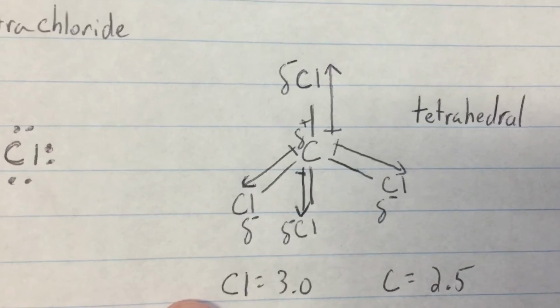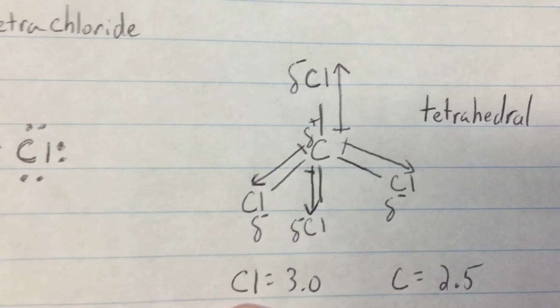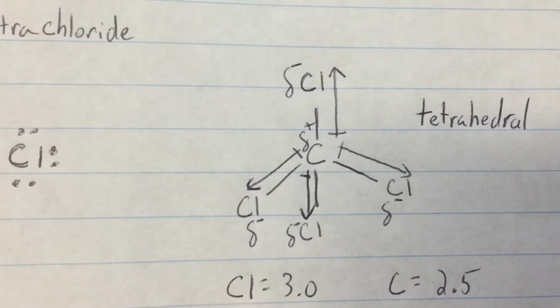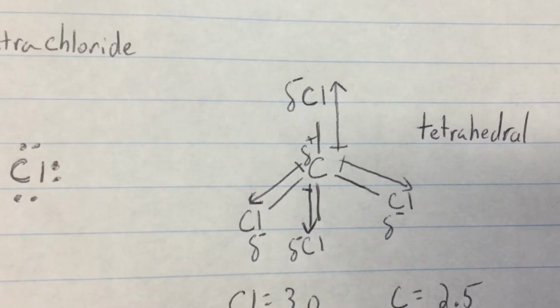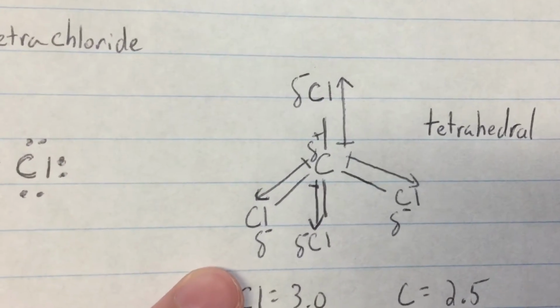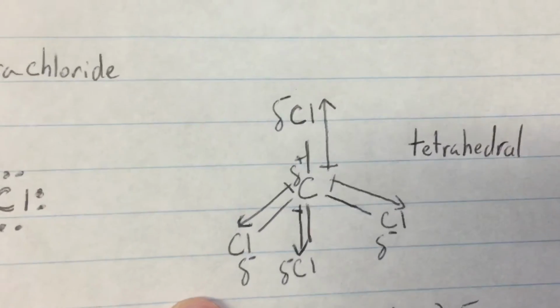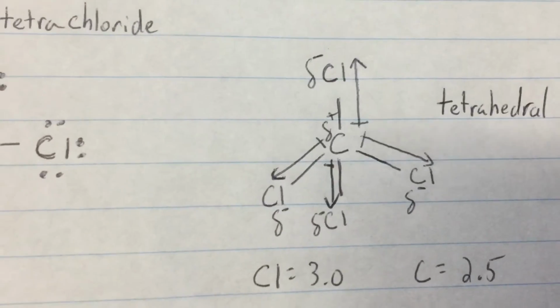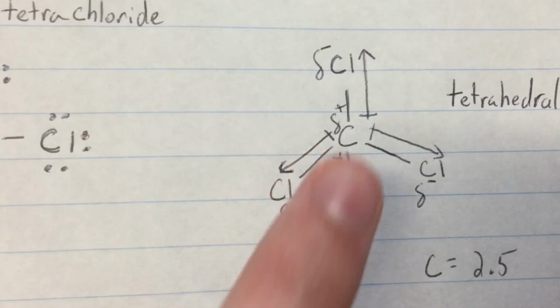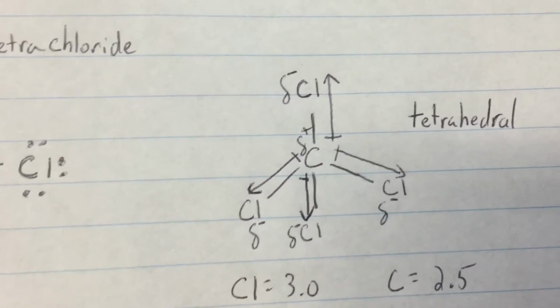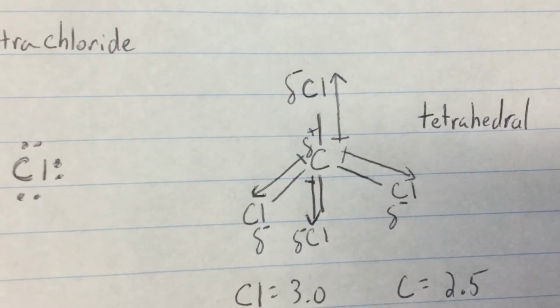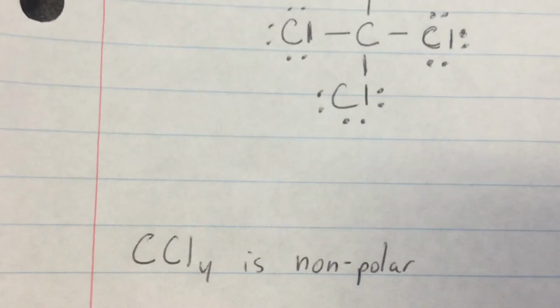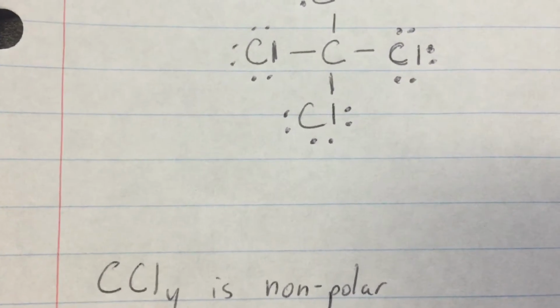Looking at this, the chlorine has a 3 on the electronegativity scale and the carbon only has a 2.5. So all of the bond dipoles will be going from the carbon out to the chlorines, leaving chlorine slightly negative and the carbon slightly positive. Now, since all these domains are equal, they'll all be pulling together, causing everything to cancel out, making CCl4 nonpolar.